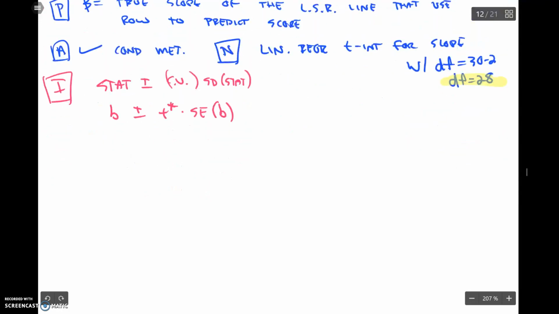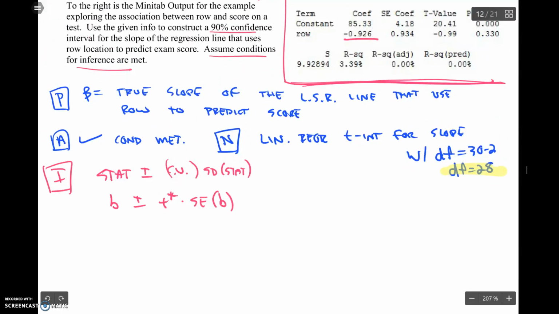This is my slope right there, negative 0.926, times my crit value that I actually got to find by hand. We don't do this very often because normally we have our calculator do all the work for us, but we actually got to find that one by hand. Times the standard error of my slope, which is 0.934.